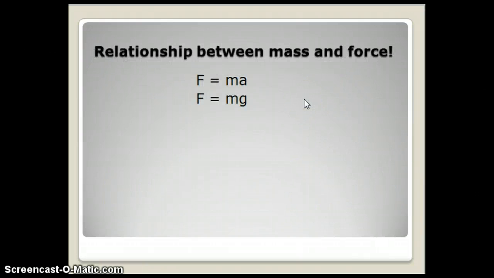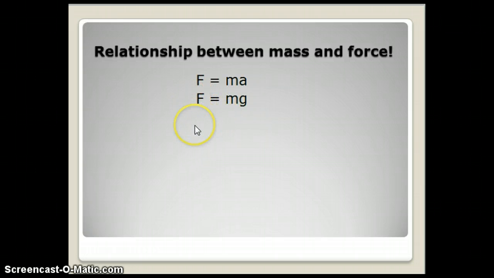Okay, I'm going to briefly talk about the relationship between mass and force. We know that we use the formula F equals ma, and in this lab we used a more specific version of that formula, F equals mg, where g is the acceleration due to gravity, but it is still an acceleration. Now, how is force related to mass? Well, mass causes a force because gravity is pulling on it. So we have a combination of the mass being pulled by gravity to cause a force.